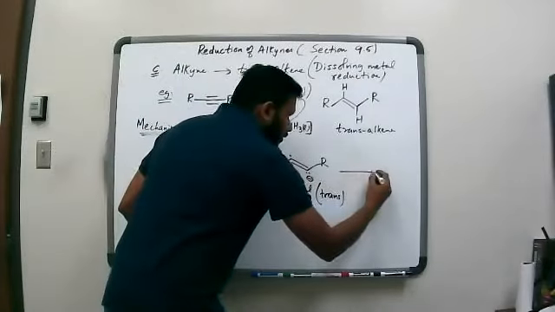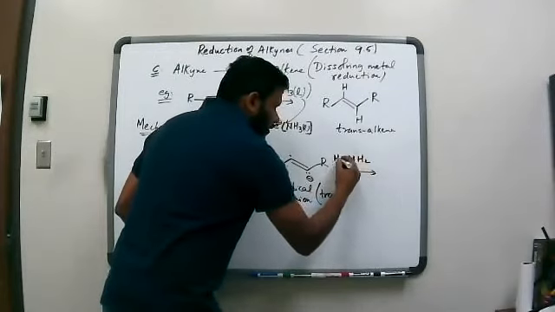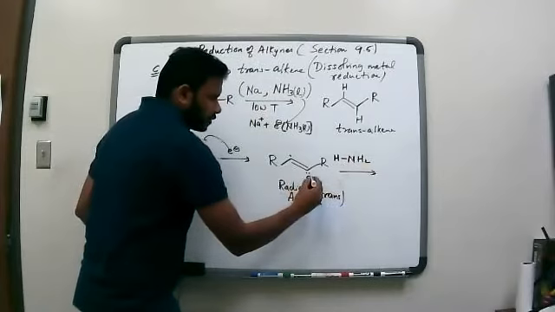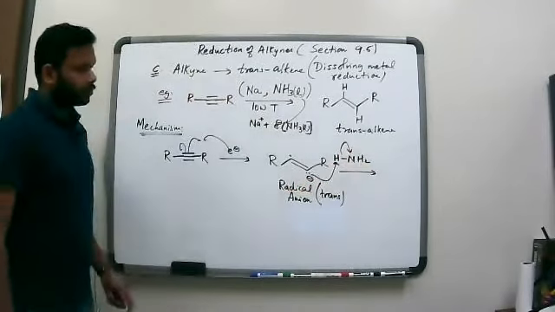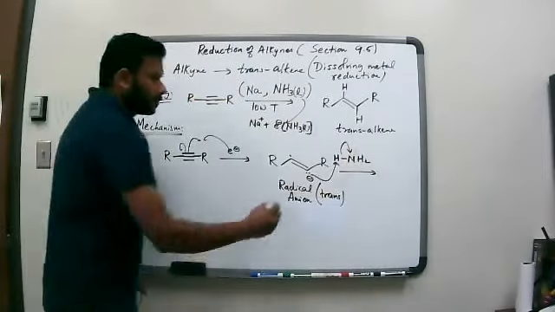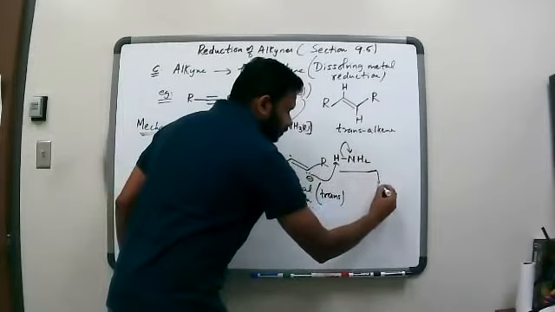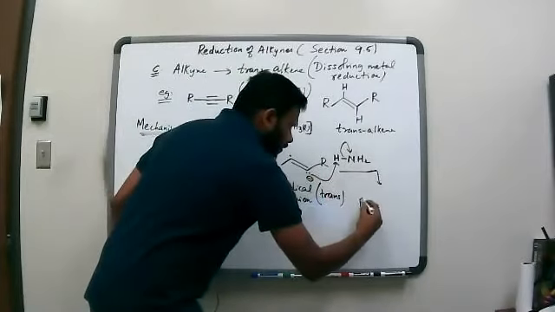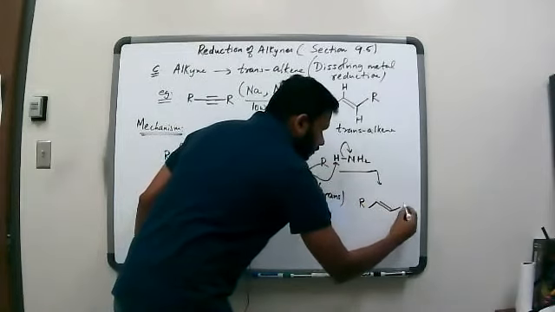And once we have this, what happens is the anion part here, the negative charge, it goes and deprotonates ammonia. It takes a proton from ammonia, and that would give us now a radical.